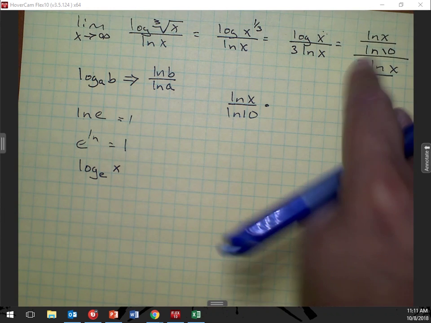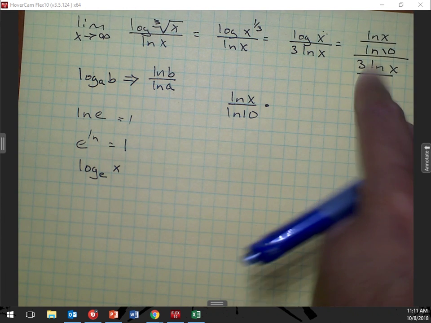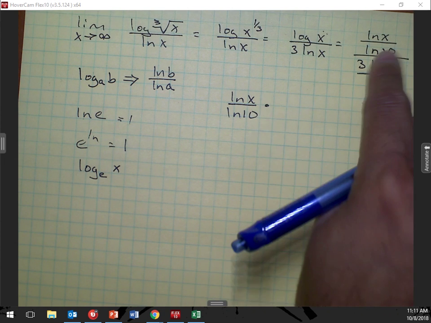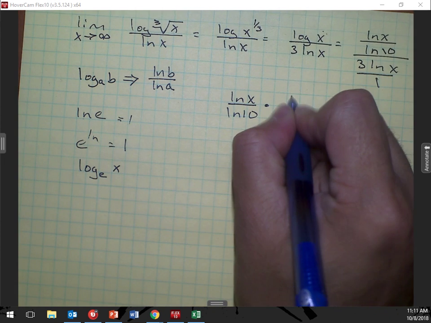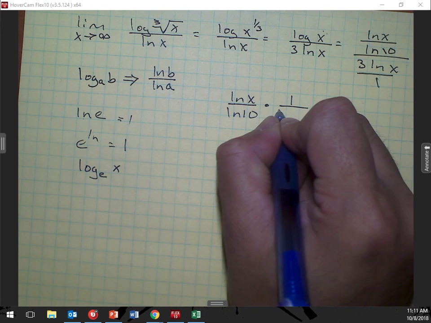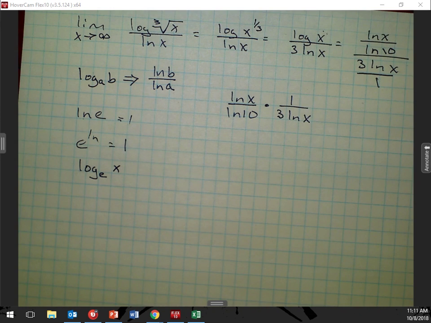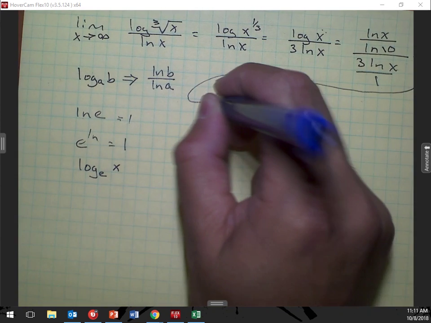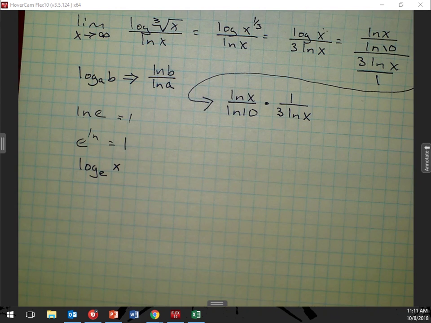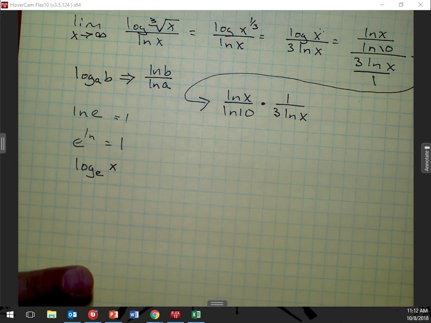Now, I'm going to do the reciprocal of this. I'm going to flip this over, so instead of dividing, I'm multiplying by the reciprocal. The reciprocal is going to be 1 over 3 ln of x. Since there's multiplication happening here, what could I do now?